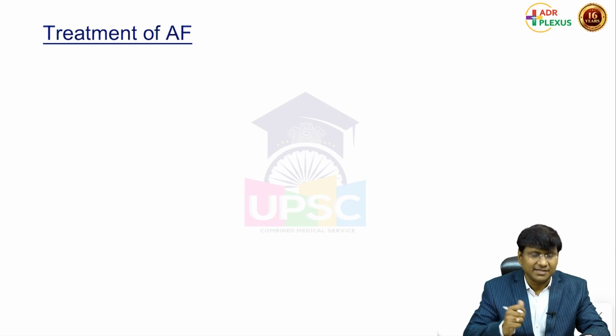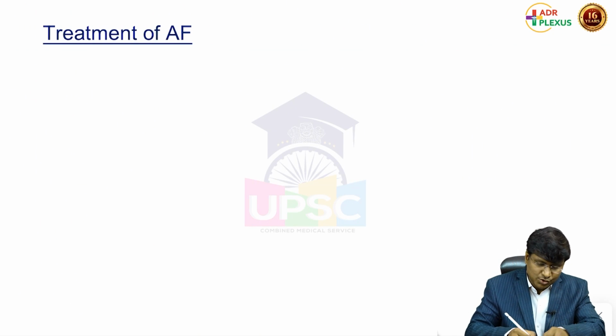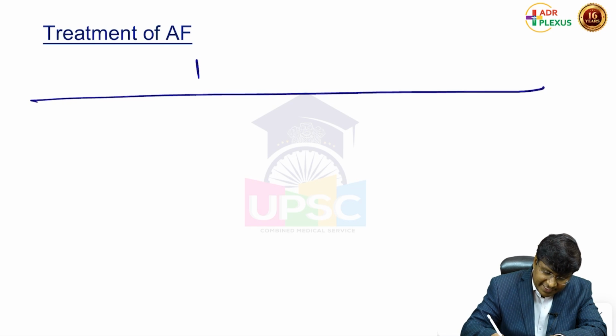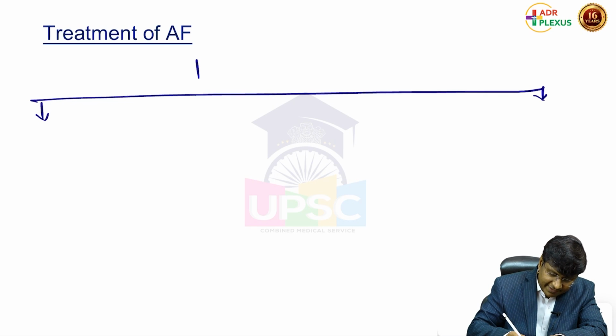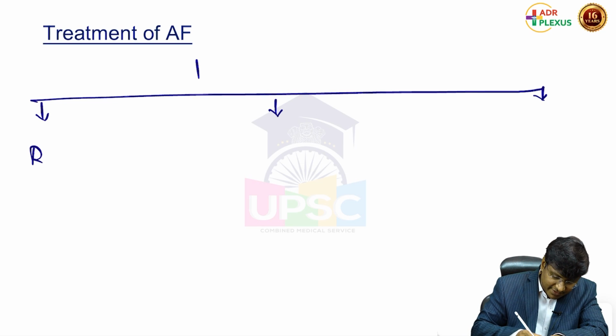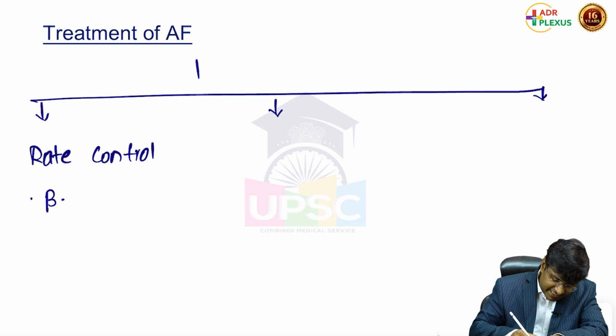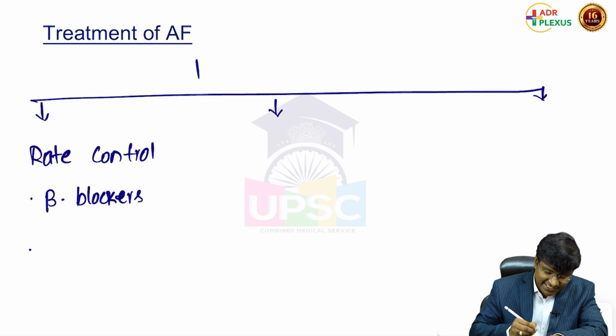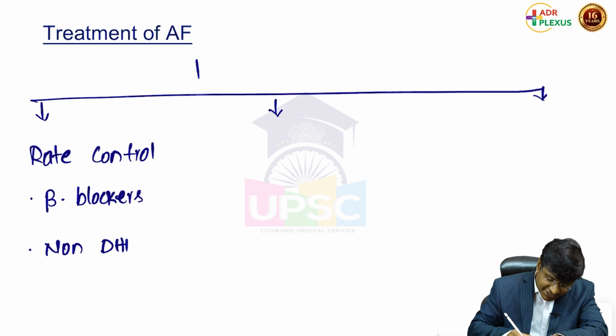Then how do you treat patients with atrial fibrillation? In the treatment of atrial fibrillation, we have three important groups of drugs. Number one, drugs that cause rate control. These drugs include beta blockers and non-dihydropyridine calcium channel blockers.